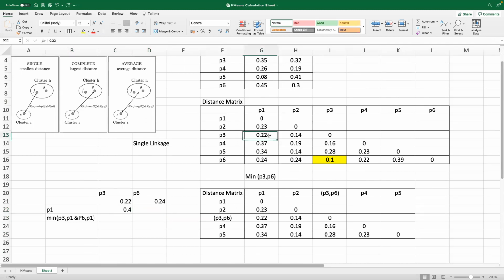P3 to P1 is 0.22. P1 to P6 is 0.24. What is the minimum distance? The lowest distance is 0.22, right?